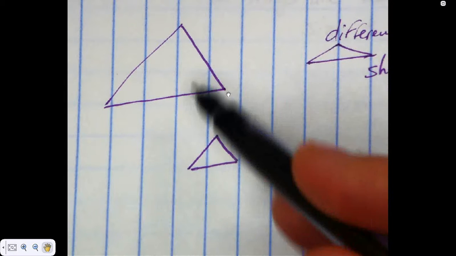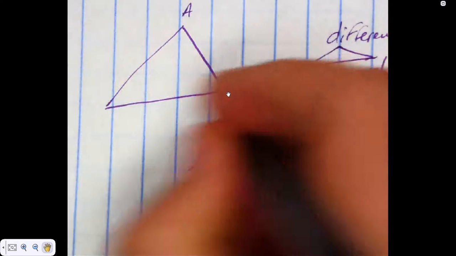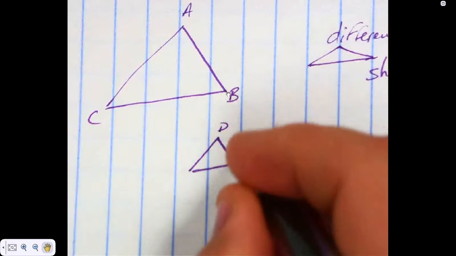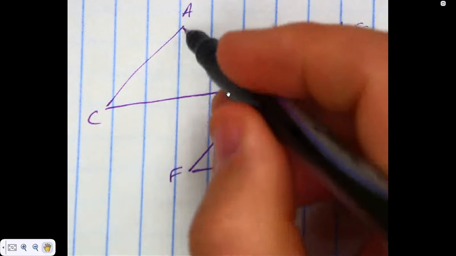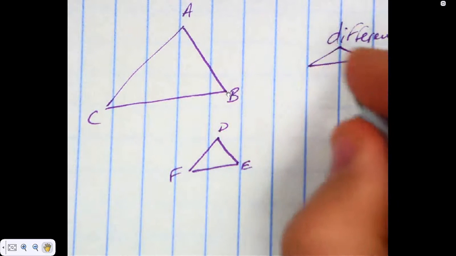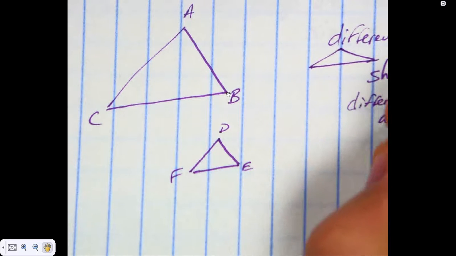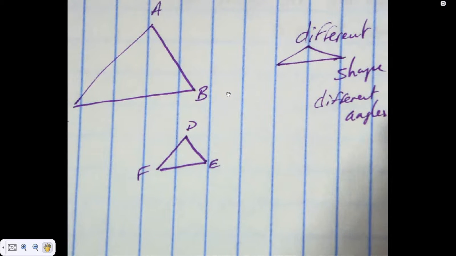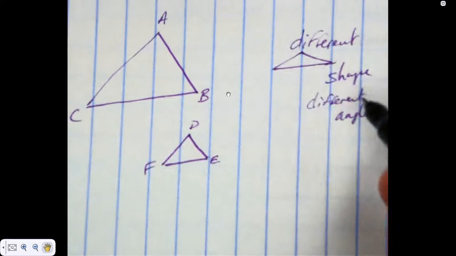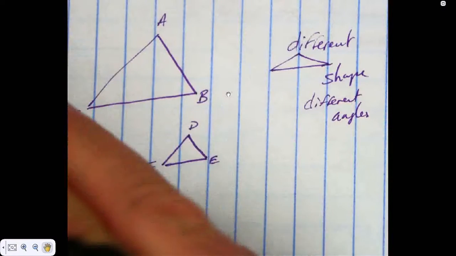Why are these 2 the same shape? How about I give these labels so we have a way to name them? Now, we said this one is a different shape because it had different angles. So with that in mind, why do you think these are the same shape? Same angle.